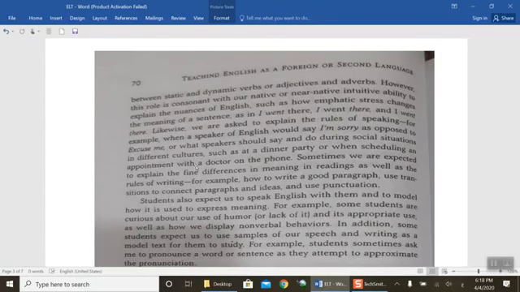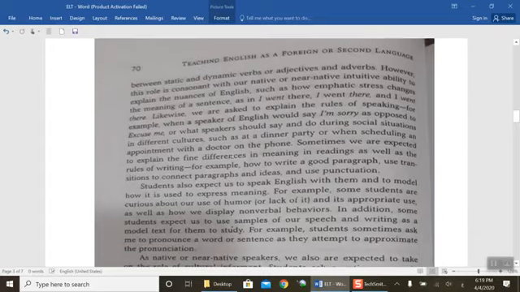It means put yourself in my position. So as teachers, we have to tell the students about different cultures, such as at a dinner party, or when scheduling an appointment with a doctor on the phone.